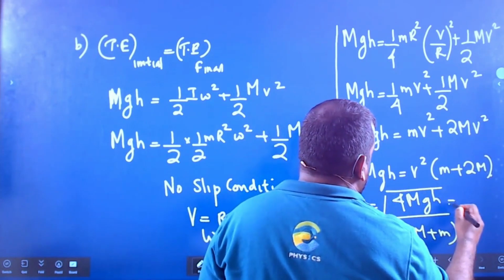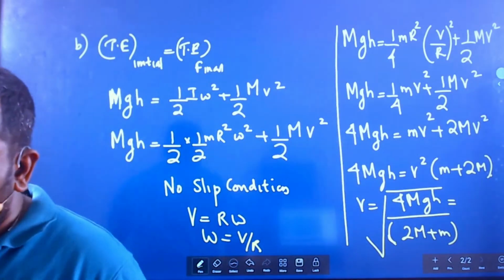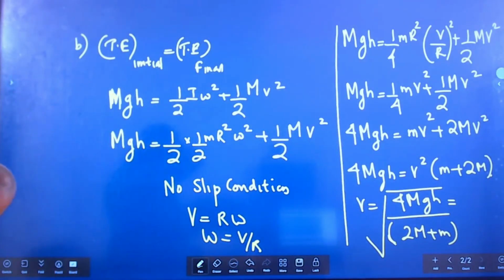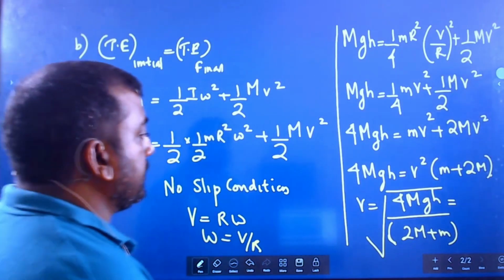Whole thing square root. So you can keep the relationship like this. There is no issue. Right.